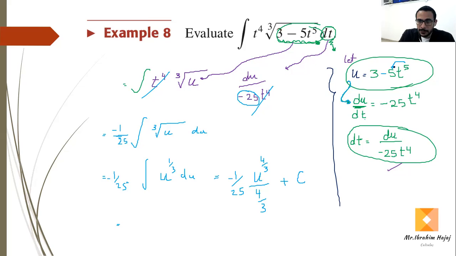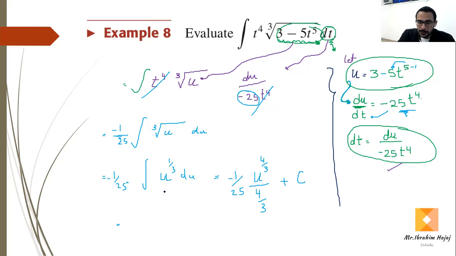Drop down the 5, 5 times 5 is 25, and subtract 1 from the 5, it becomes 4. That is differentiation, term by term. And then find dt alone, replacing the negative 25t to the power of 4 with dt: dt equals du over negative 25t to the power of 4. Okay, got it.